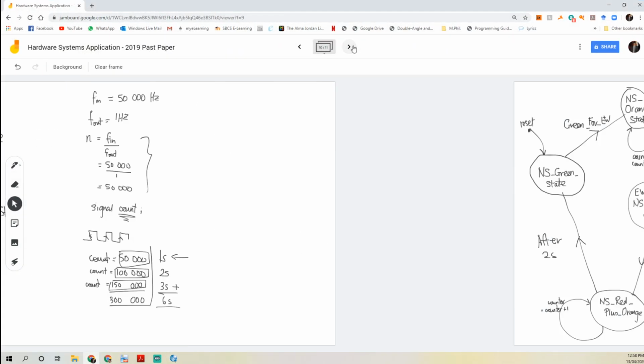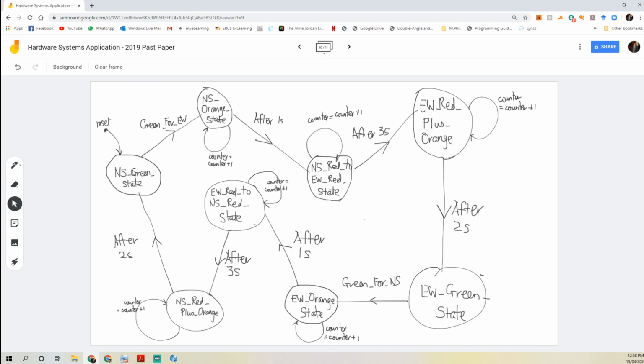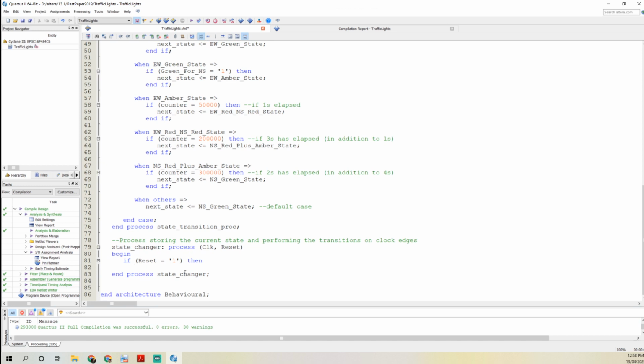Well, the purpose of the reset in this finite state machine-based system is to start in that initial state. So when my reset is 1, my current state is going to be the north-south green state. So if reset is equal to 1, current state is equal to north-south green state. Right? And then, because it was an asynchronous reset, it is not governed by the clock.